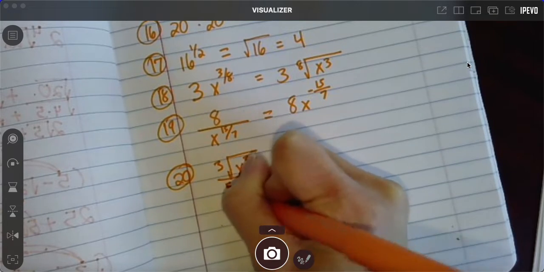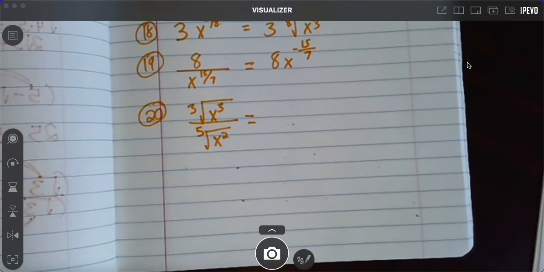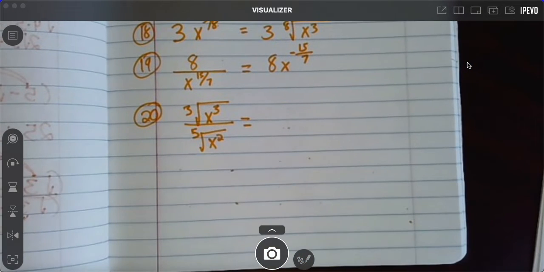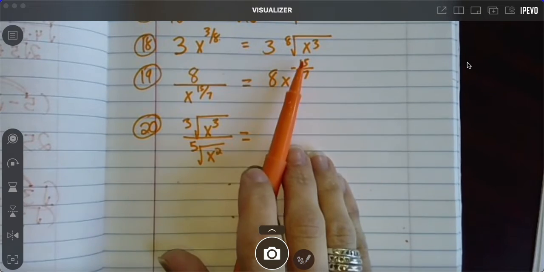So, on this one, I can't do anything with that because my roots don't match, right? But we can change those to exponents and subtract, just like the last problem, number 18.